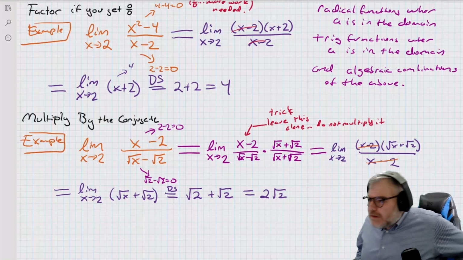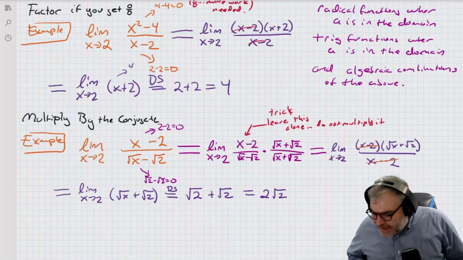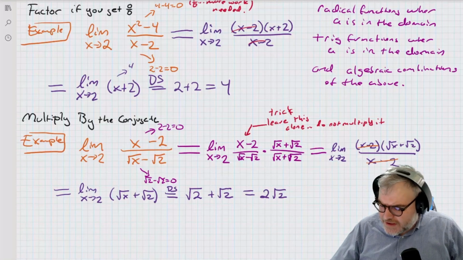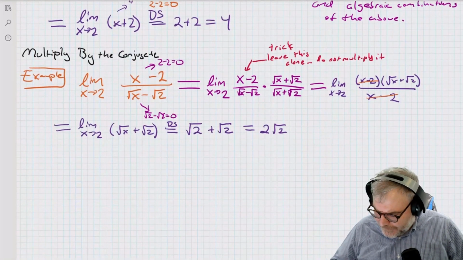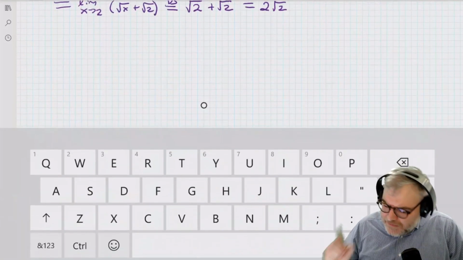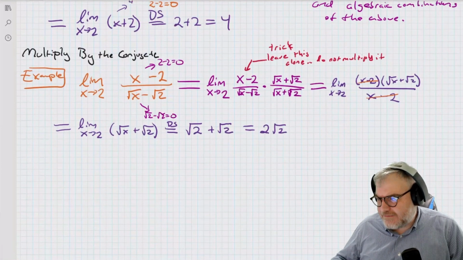Okay. Well, let's talk about limits at infinity. But in order to talk about limits at infinity, I'm going to have tricks. By the way, these tricks work for limits at negative infinity too, but there are special ones that work for limits at infinity.